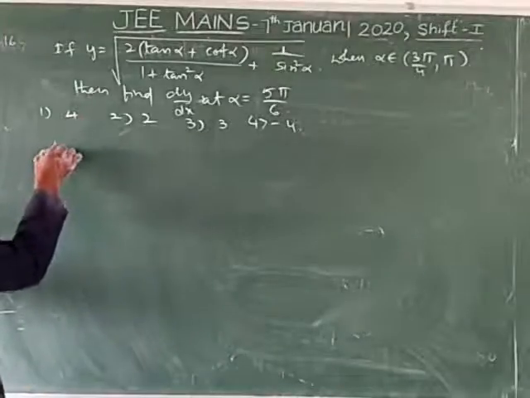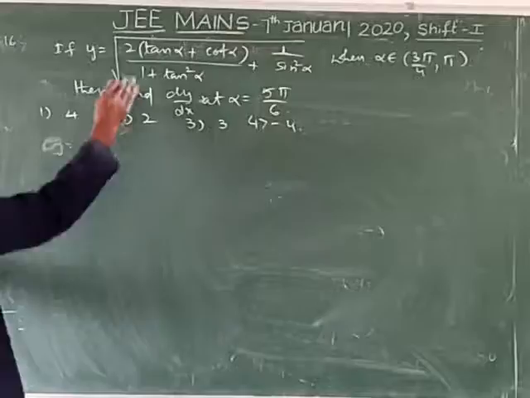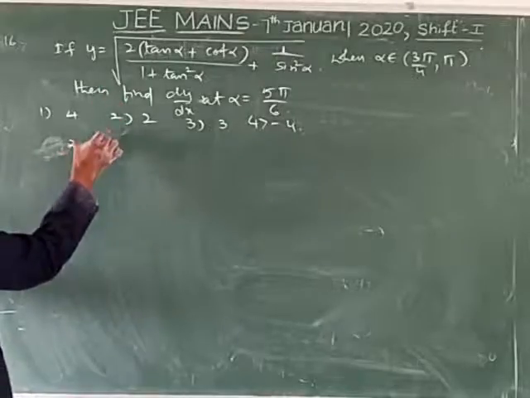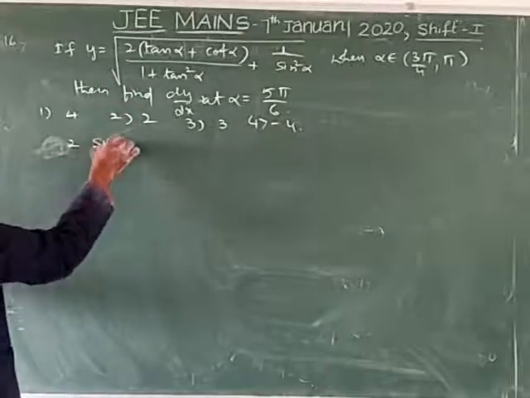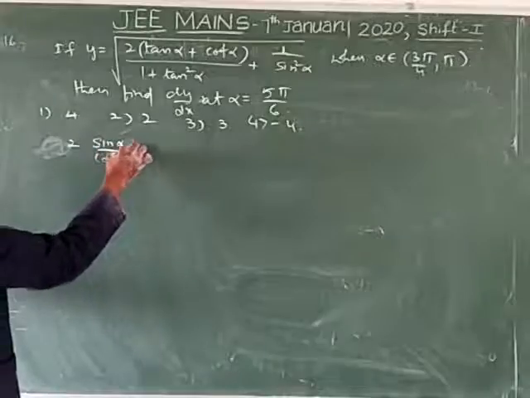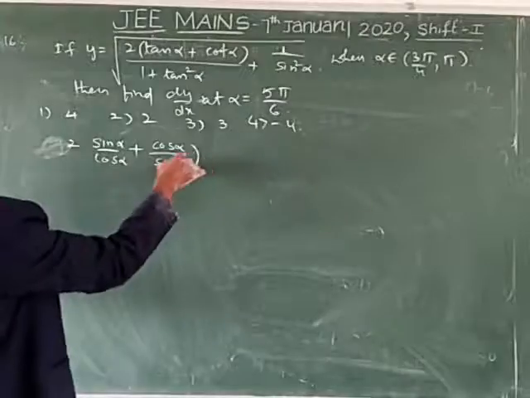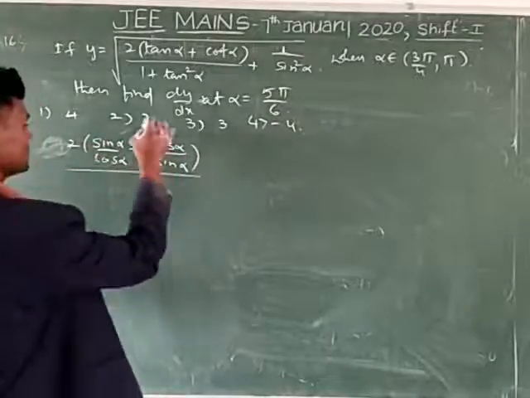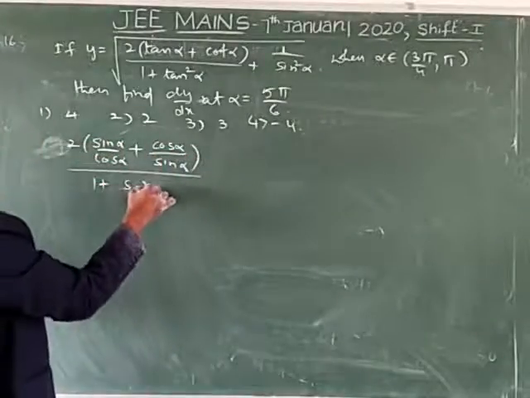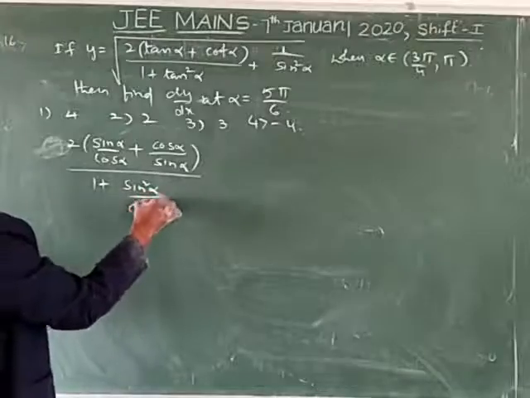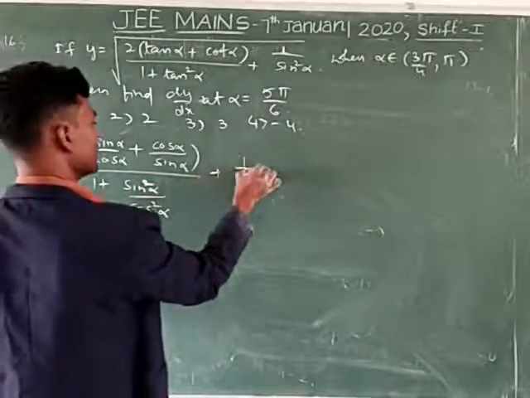First take this one without the root: 2 into tan alpha, write sin alpha by cos alpha plus cos alpha by sin alpha, whole by 1 plus sin square alpha by cos square alpha, plus 1 by sin square alpha.